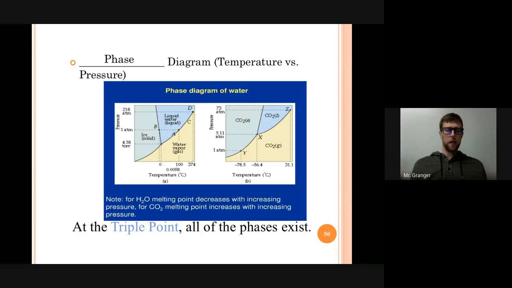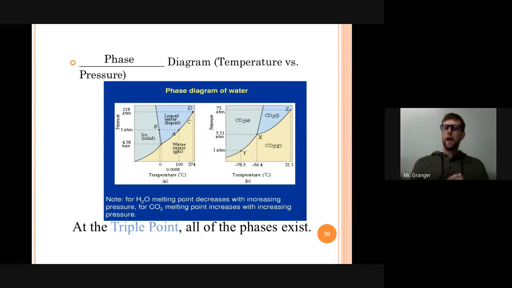So we have the same units of pressure and temperature in this graph, but our quadrants look slightly different because carbon dioxide is a solid over a slightly larger range. The gas is slightly larger, so that pushes our liquid phase in the blue to be slightly smaller.